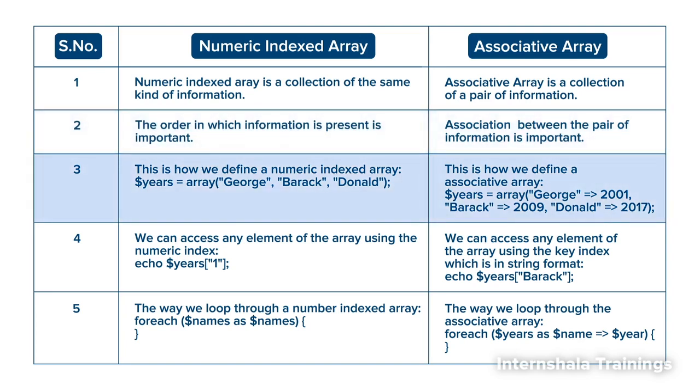Next, the way we define both the numeric indexed and associative array is different from one another. In case of a numeric indexed array, we can access any element of the array using the numeric index. And for an associative array, we can access any element of the array using the key index, which is in string format. Lastly, the way we loop through a numeric indexed array and an associative array is different from each other.